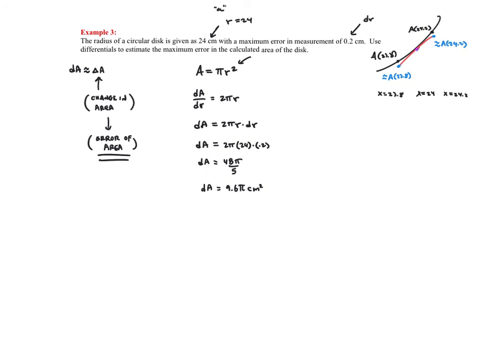Okay, so let's represent that on the graph. All right, here's perfection, right? This would be A of 24. But perfection is not achieved here. Our maximum error would be this, delta y. Now, I can't find that exactly without the use of a calculator, but I can find an approximation of that.